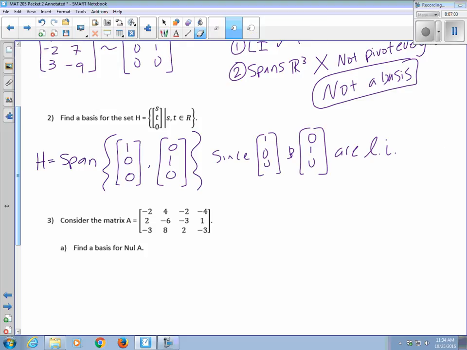I'm going to say they form a basis. They form a basis for H. They span H. Their span is all of H, and they're linearly independent. So it's a basis.